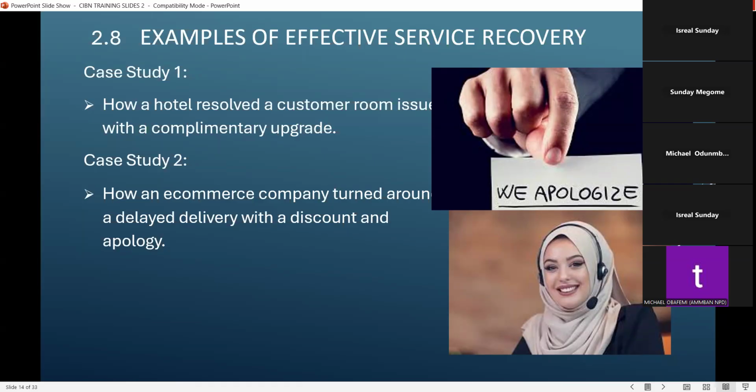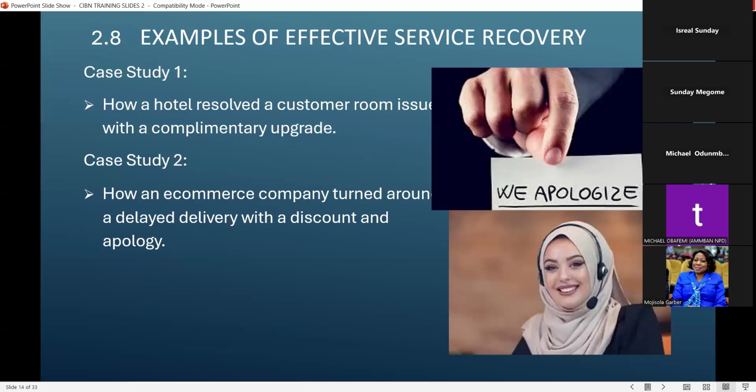But what did the hotel do? Oh, this mix-up comes from us. They decided, okay, there's no room for 25,000, but there's a room for 35,000. They said, it's on us, sir, as a compliment, and we want to appreciate your time and assure you that we are not like this. Please, we are giving you a complimentary higher package.